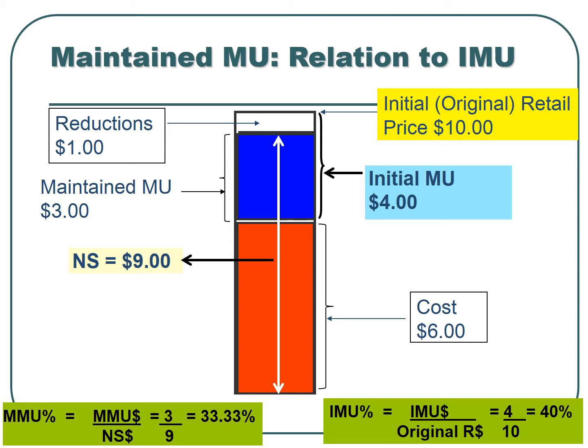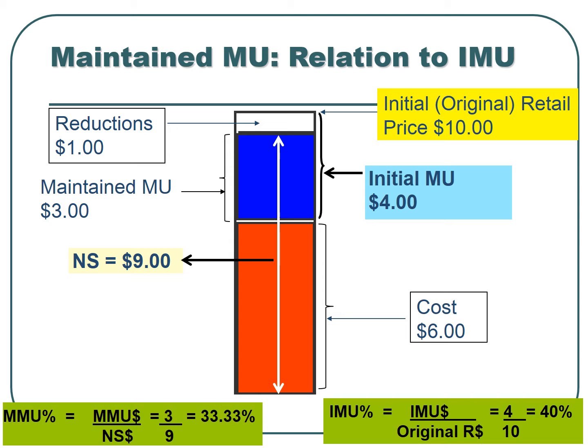This gives us the maintained markup of only $3, because our maintained markup is net sales minus cost. The difference between the net sales and cost will be our markup that we can actually maintain. Initial markup was planned to be $4, but because of the reduction, now we're going to maintain only a $3 markup. In this case, the maintained markup percent will be the maintained markup dollar divided by the net sales dollar, so 3 over 9, which will be 33.33%.